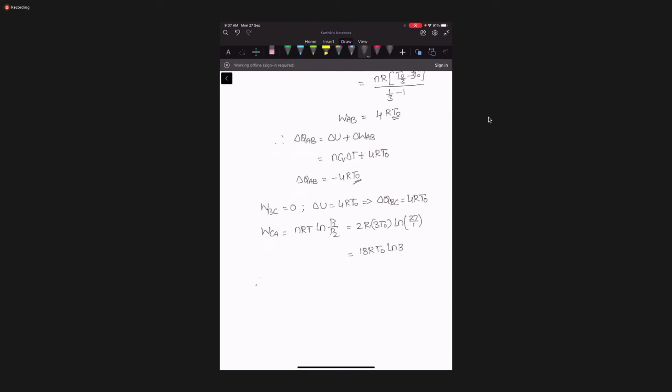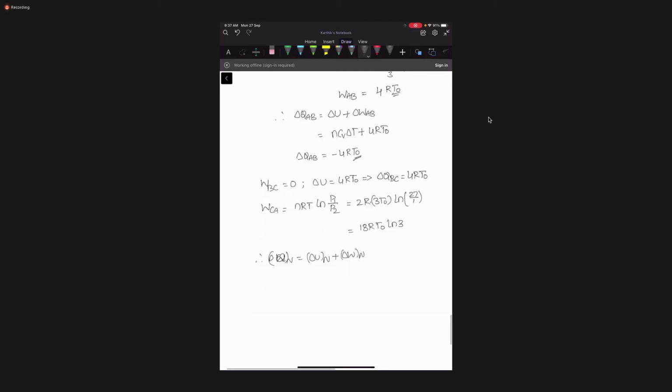Therefore, your delta Q net is equal to delta U net plus delta W net, right? Delta U net will be 0, cyclic process.